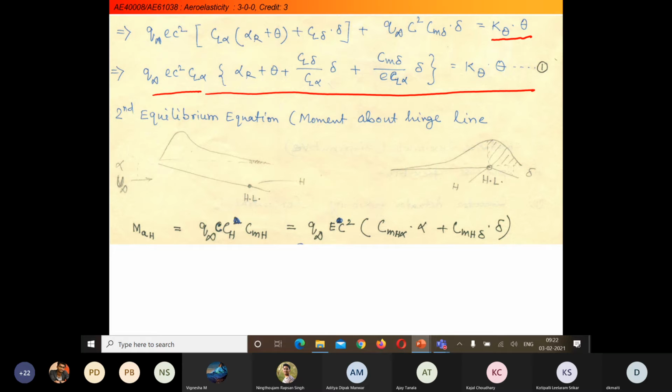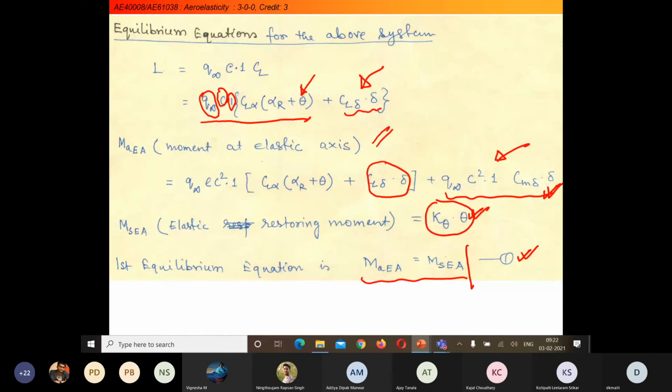And now this is our first equilibrium equation. Is it okay? First equilibrium equation, how I am getting it? Yes, sir.